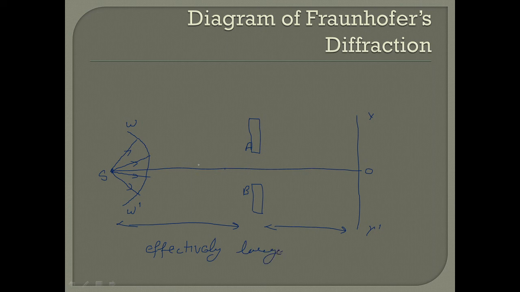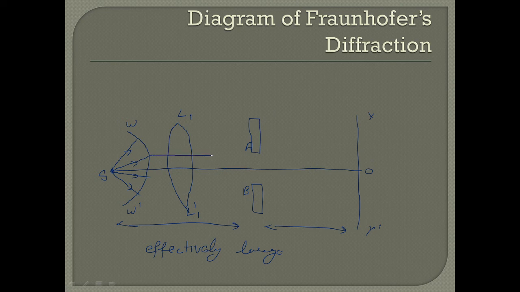So to produce a plane wave, we need two lenses, one lens in between the source and the slit, named L1 and L1 dash.